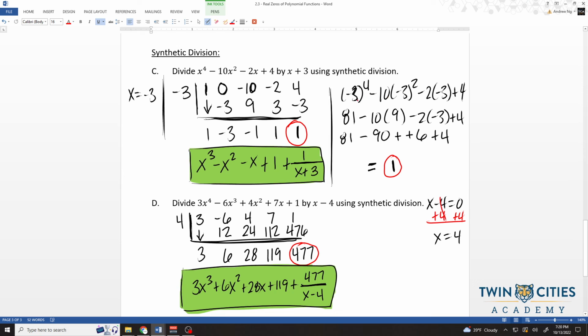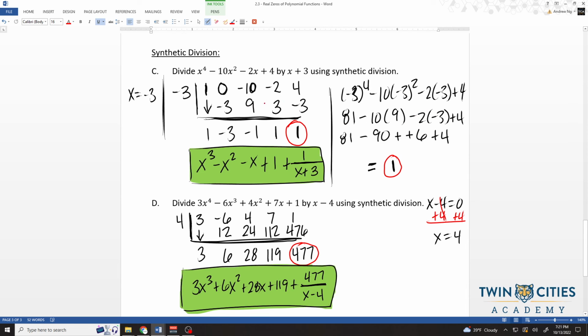Let's say that I'm asking you to evaluate a function that is 10 terms, 20 terms. If you're allowed to use synthetic division, say x equals negative 3, and do your synthetic division, this is a lot faster than doing a whole lot of different steps to evaluate your function.